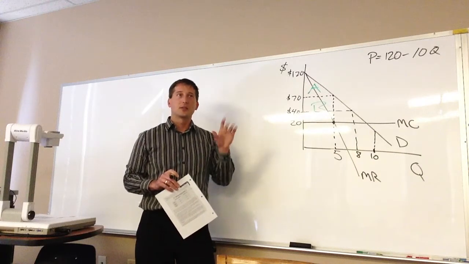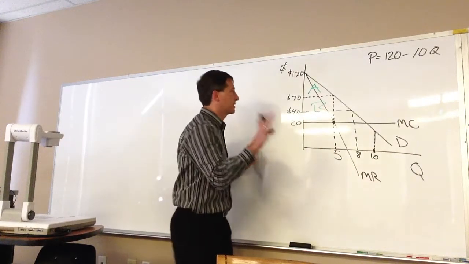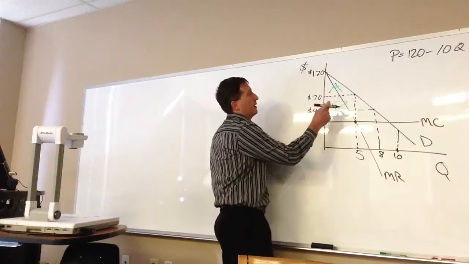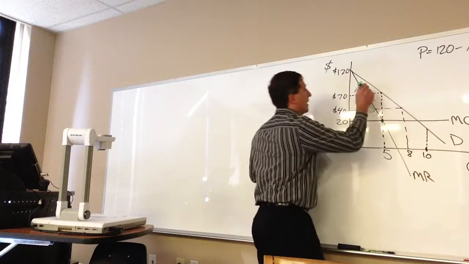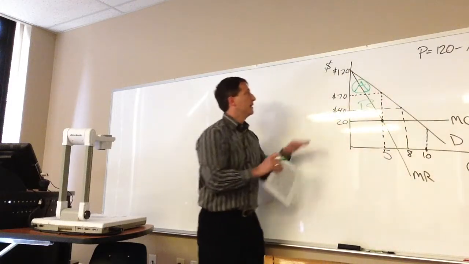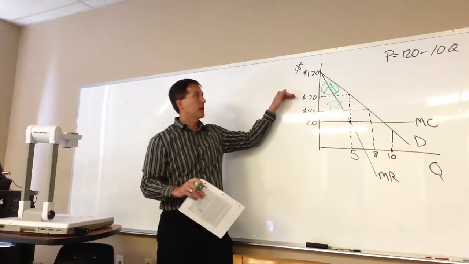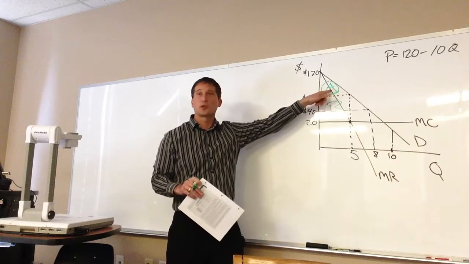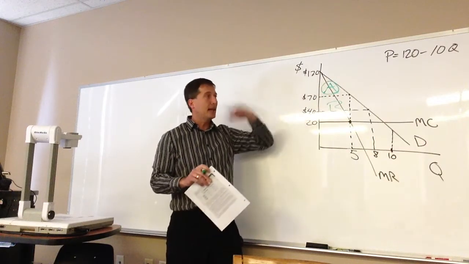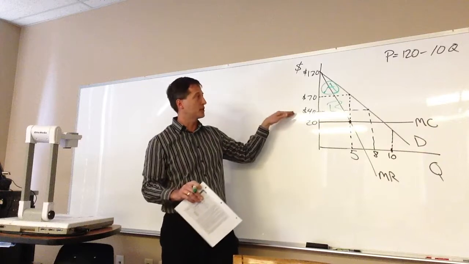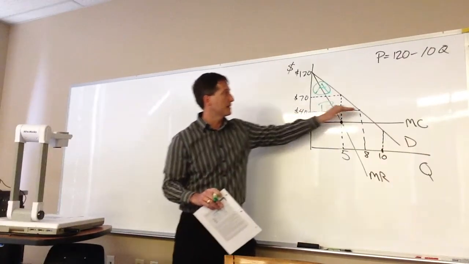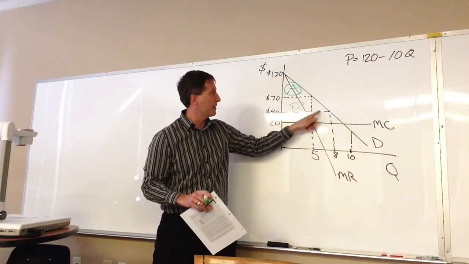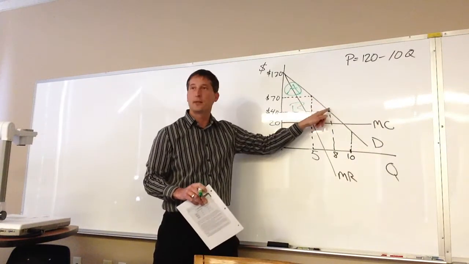Right. So now we're doing a balancing act. So let's recap here real quick. The consumer is happy as a lark up here buying 5 units at a price of 70, earning consumer surplus A. If the deal was such that it was at 8, they would also jump into the market and they would pick up this little area, right?